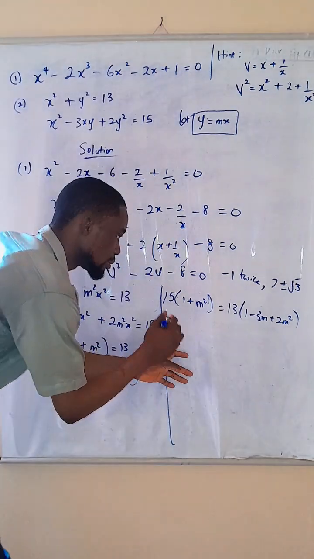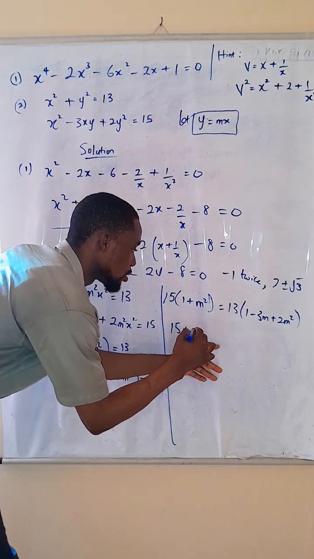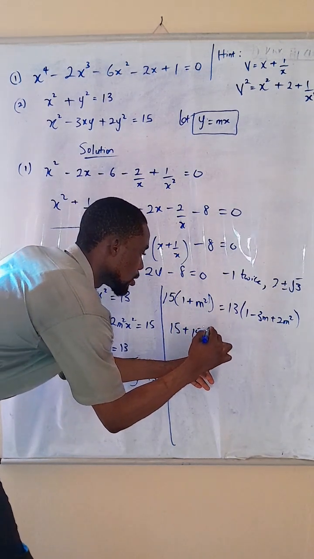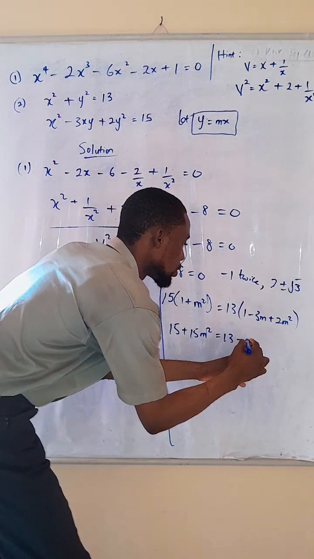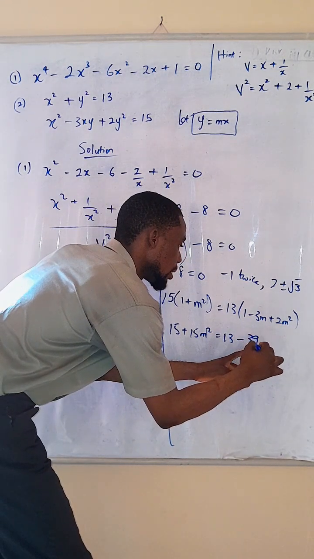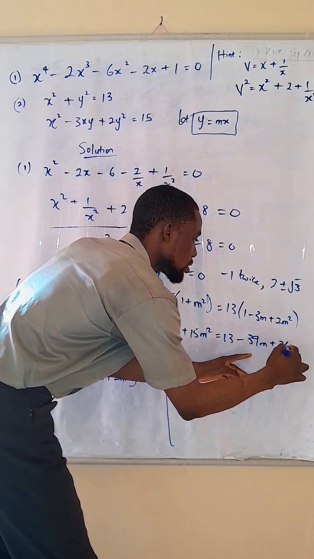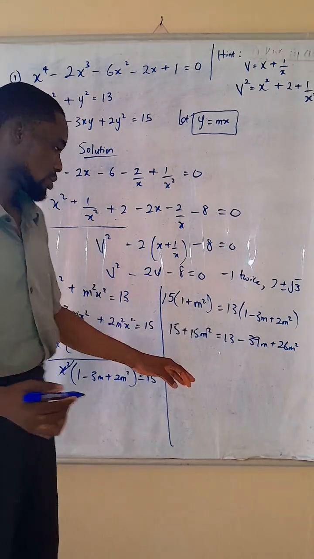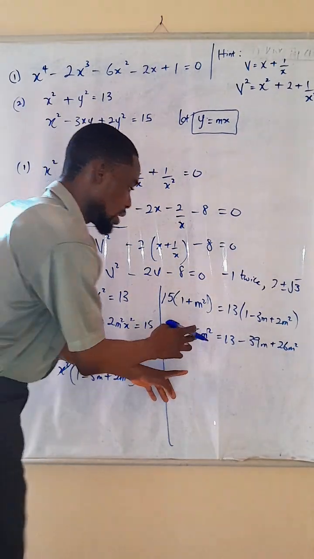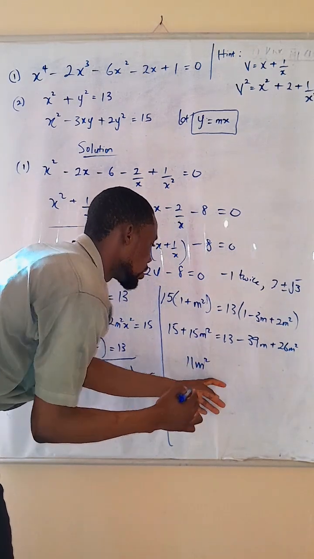So what do I have? This becomes 15 plus 15m squared, all equals to 13 minus 39m plus 26m squared. Now let's take all this to the right and get our answer. So 15m squared comes to the right, all remains there, 11m squared.